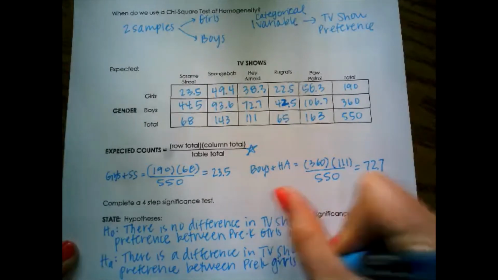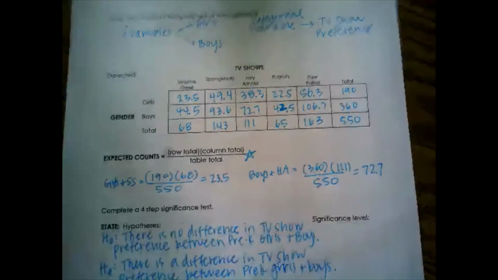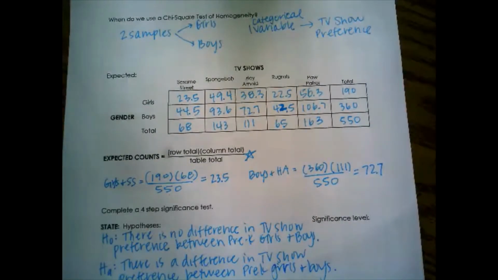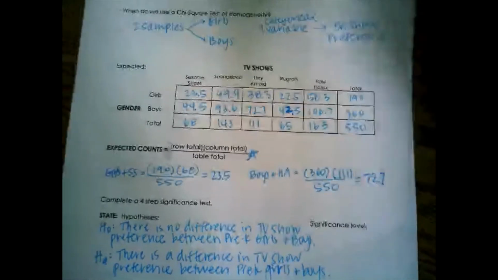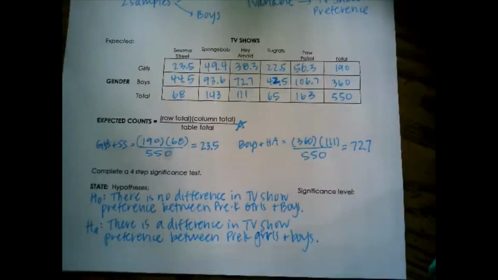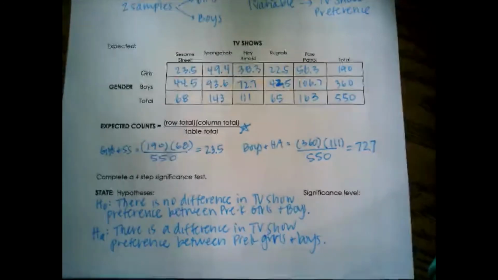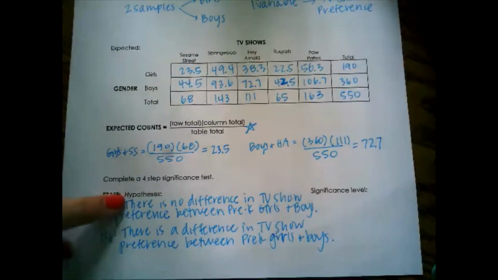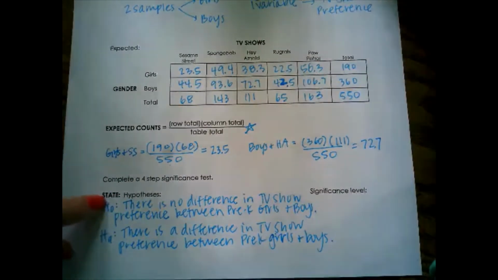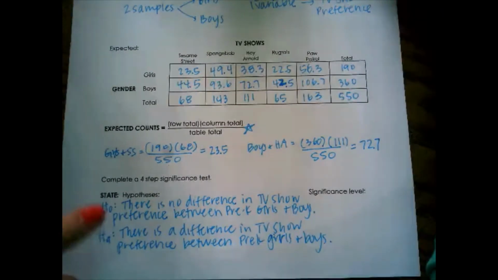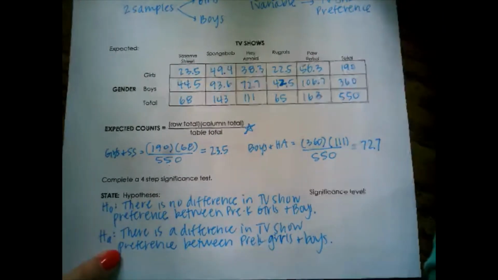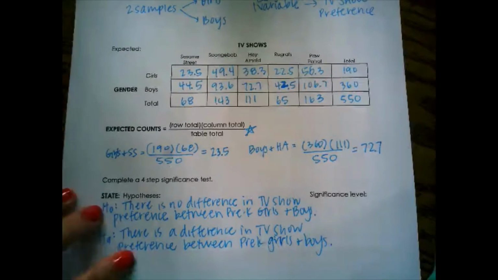Again, you can say it like this, or you could say the TV show preference is the same for your null, and the TV show preference is not the same for the alternative. So whichever way you prefer is good.